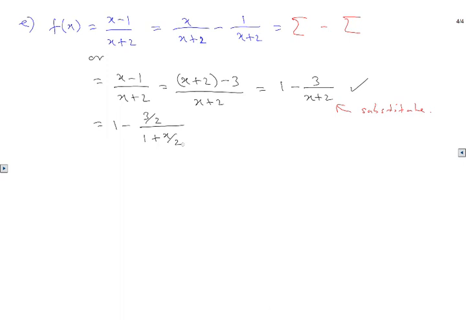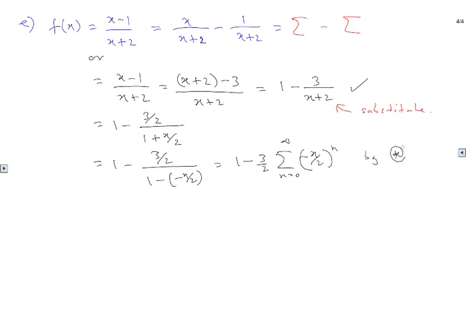Now the same trick as before. This one you can write as 1 minus 3 halves, because you have to put a negative sign here, times 1 over 1 minus x over 2. So it's just the same problem as before. I can have 3 halves outside, so this simply becomes the sum from n equals 0 to infinity of (negative x over 2) to the nth power, like by star, the very first formula.